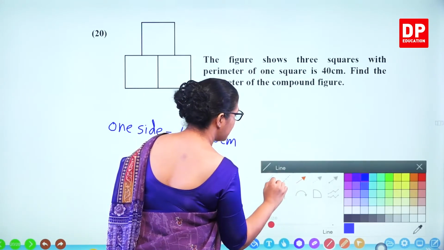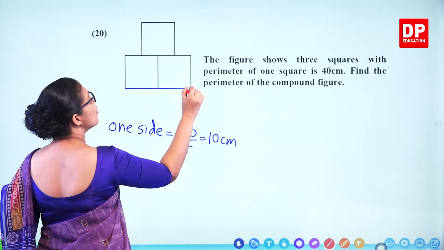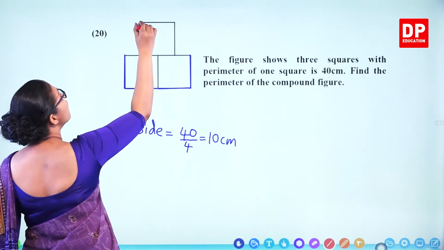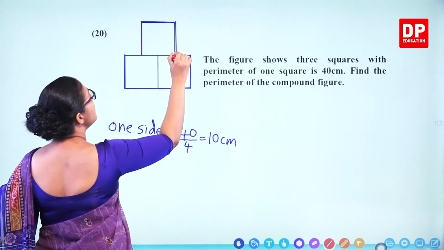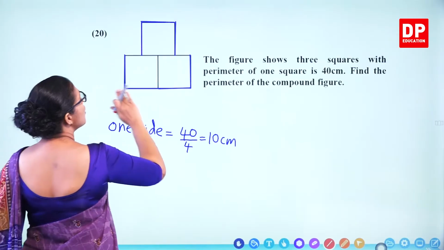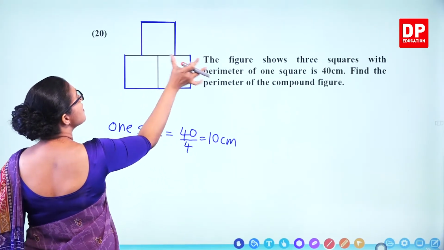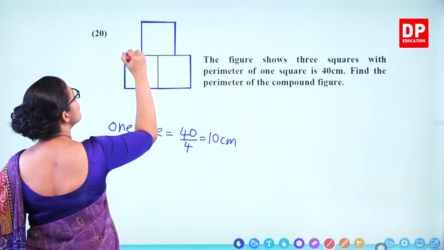So we'll take, this is 1, 2, 3, 4, 5, 6, 7. There. Now see, altogether 20 and this one is 10. So wherever this square is, you get 10 as these two.